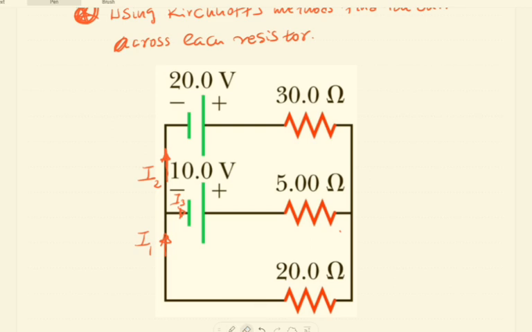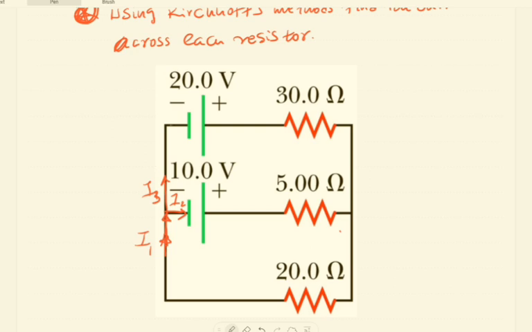ይበልጥ convenient እንዲሆን እዚህ ጋር ማስተካከል ይኖራል። So let's say just simply this is I2 and this is I1, this is I3, and this is of course I1. Alright, ምንድነው የሰራሁት?